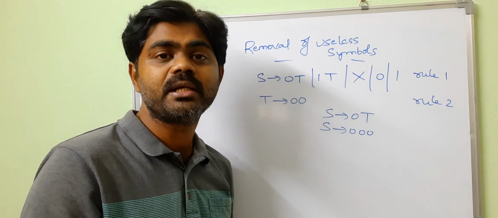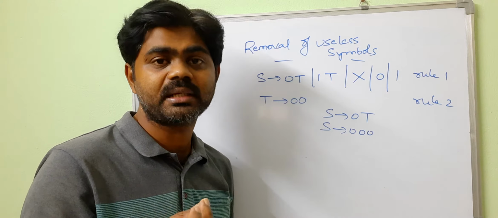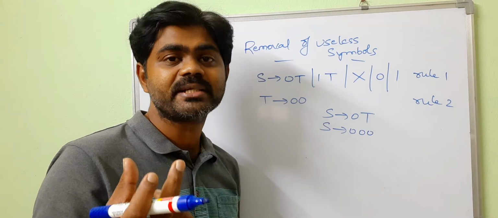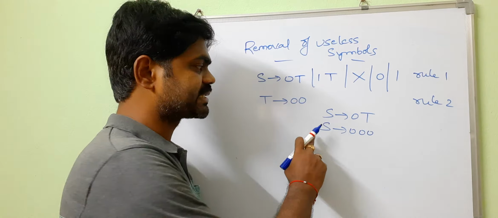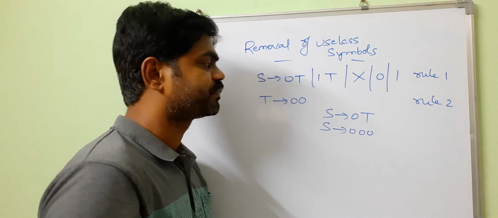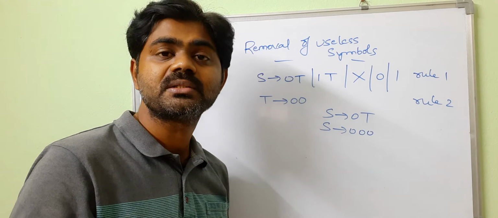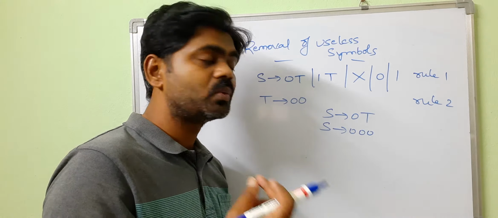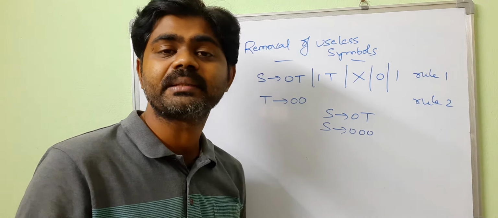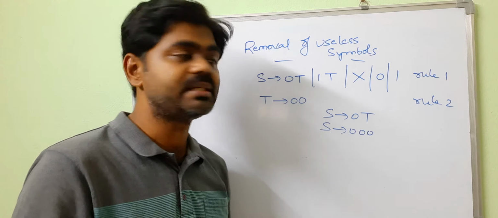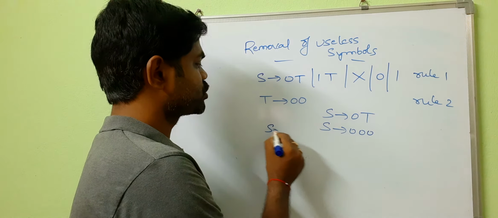What I said: small a to small z, numbers like 0, and your special characters or symbols are all terminals. So S tends to 0 0 0 is a useful symbol. Why? Because we are able to substitute in the place of non-terminal T and take S tends to 1T.